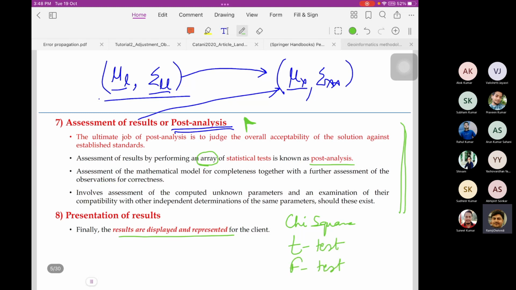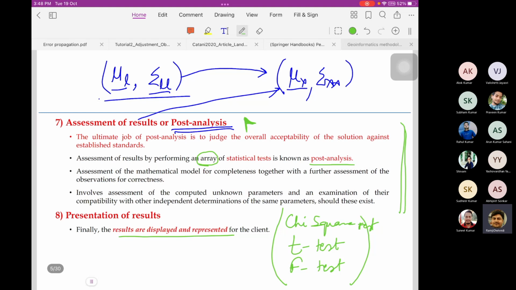These are the 3 tests which we are going to apply on the achieved solution so that these tests will indicate whether it is sufficient to present your result to the client or not, or in an indirect manner, have you received any green flag to your results or not. So that's the necessity of using the post analysis.